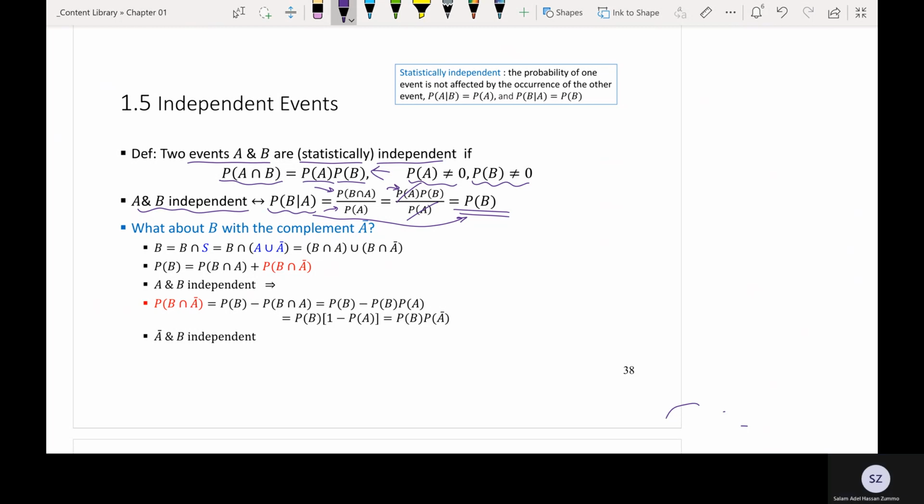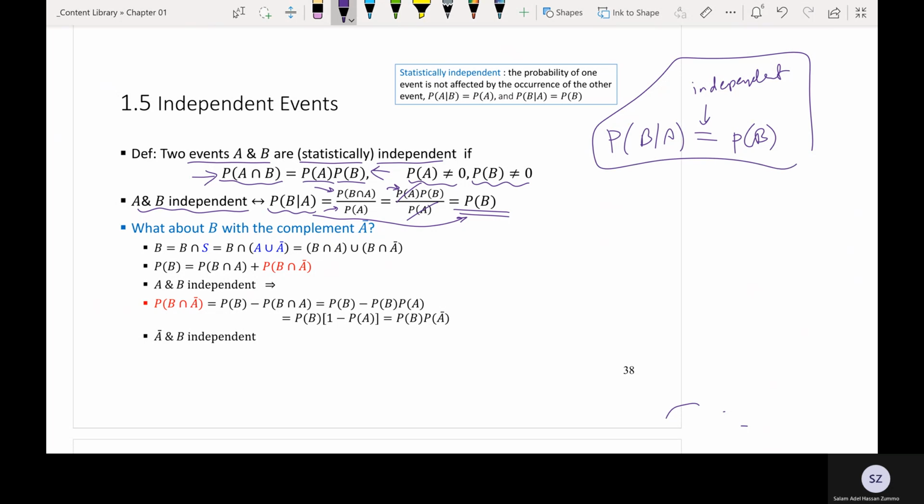Why is this happening? Any questions, guys? So we came up with a condition here, and everything is derived from here. The probability of B given A, if independent, is equal to the probability of B. This is the basis of independence.